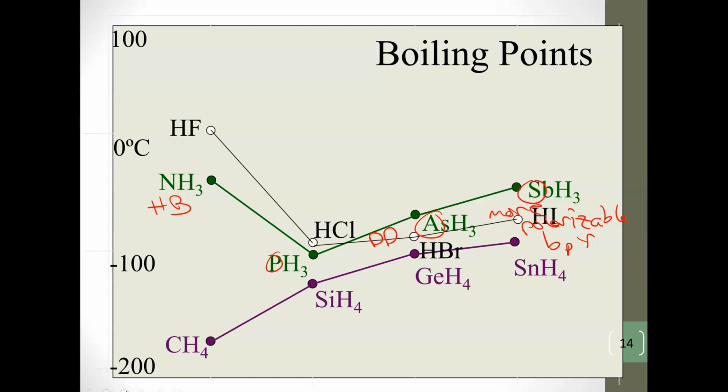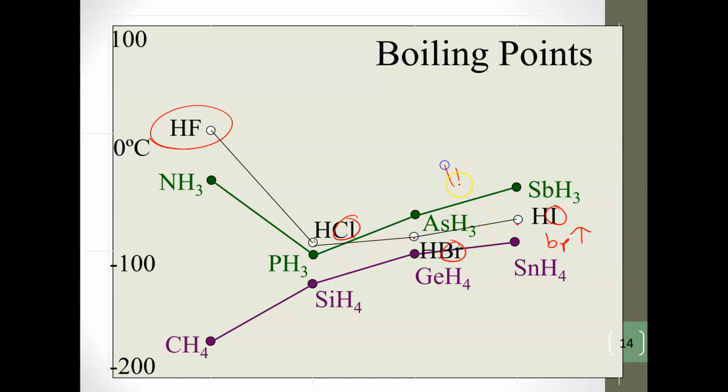Okay? If I were to show you the halogens, again, as they get bigger, HCl, HBr, HI, their boiling point goes up. However, HF is way up here, even though it's the smallest of the group, and that's because these guys are all polar. These guys are all dipole-dipole. This one has hydrogen bonding.